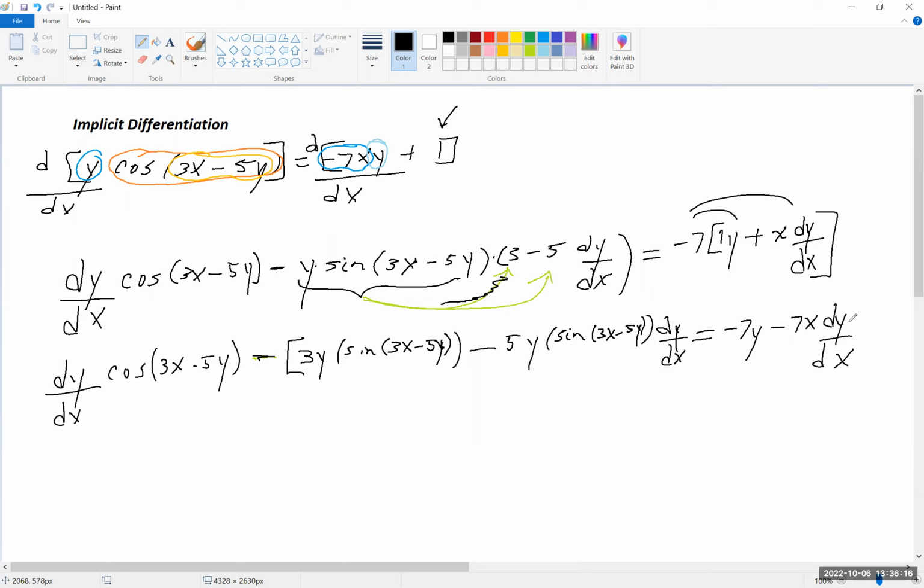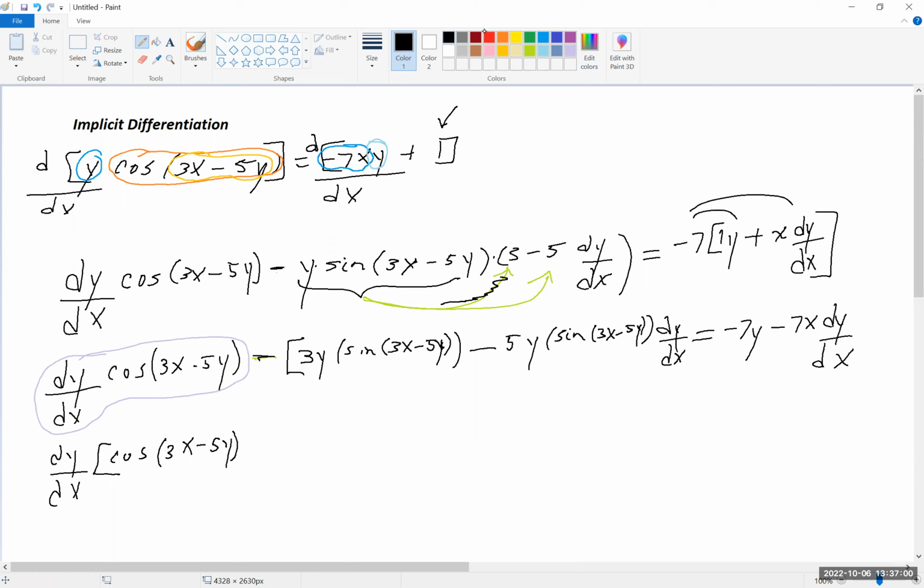All right, now I have to take all the things that have a dy dx and move them to the left. And then everything that does not have a dy dx, we'll move to the right. And I'm going to go ahead and put them all in one brackets. That takes care of this. I can very lightly circle things that I use or even cross them out.